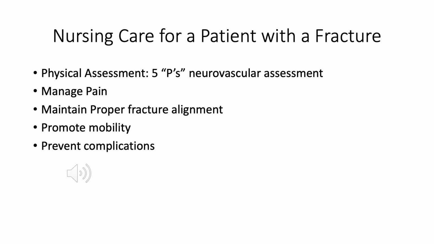You want to check for edema and swelling, check skin color and temperature, and check for deformity, range of motion, and sensation. The 5P neurovascular assessment should also be conducted, which includes an assessment of pain, pulses, pallor, paresthesias, and paralysis.